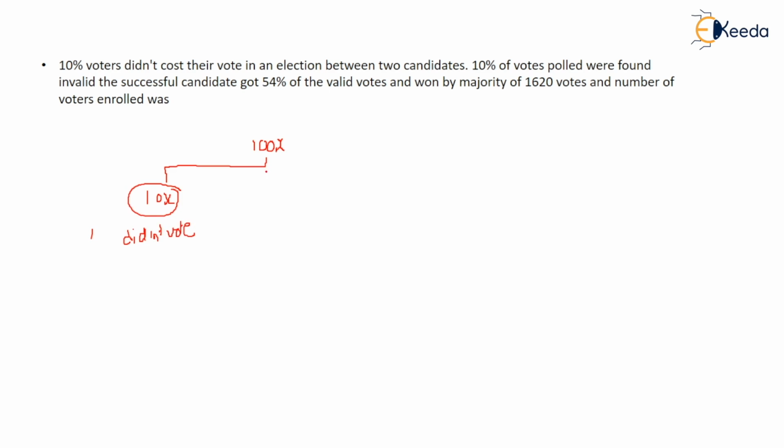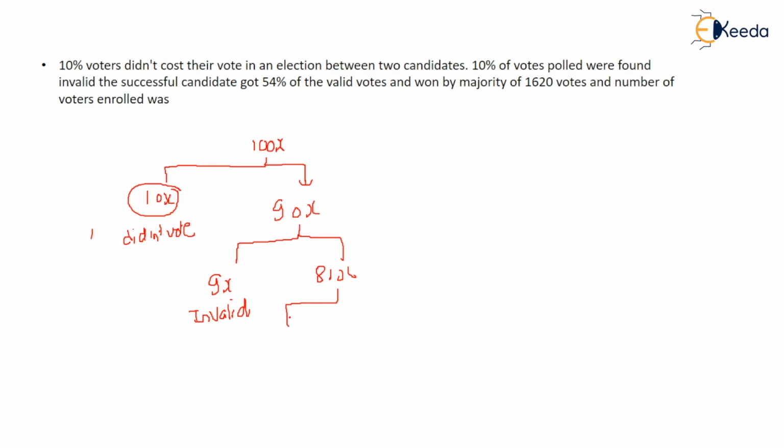And the remaining 90x, among those 90x, 10% were found invalid votes. So 10% of 90x, how much is it? 9x. These were invalid. So what is remaining? 81x. So out of those 81x, the successful candidate got 54%.